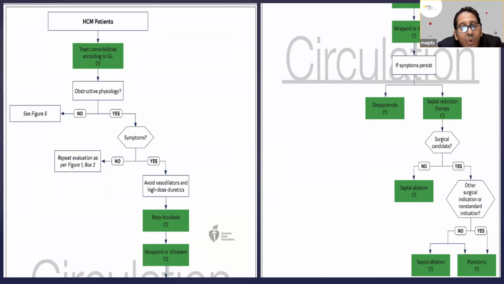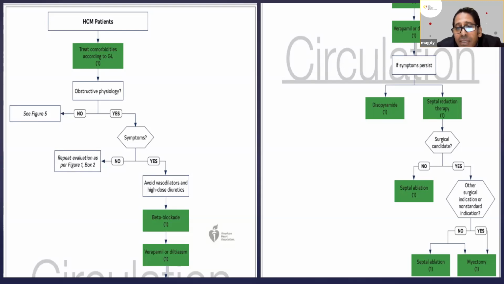If the patient is still symptomatic or has a contraindication to beta blockers, verapamil can be given, and disopyramide should be added if the patient still has symptoms. And if the patient is still symptomatic, septal reduction therapy, ablation or myectomy.